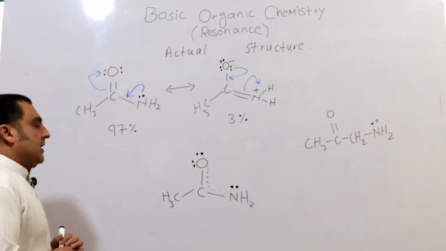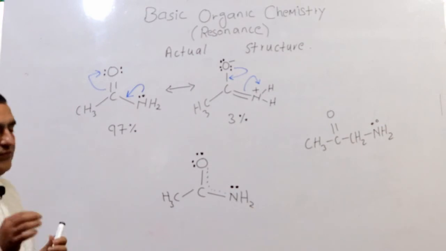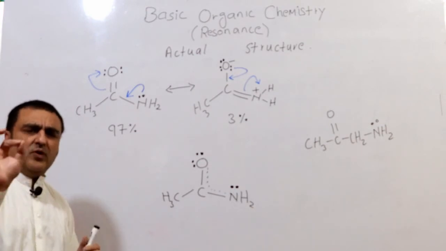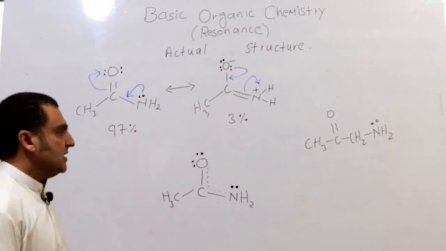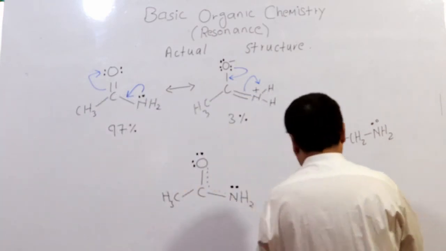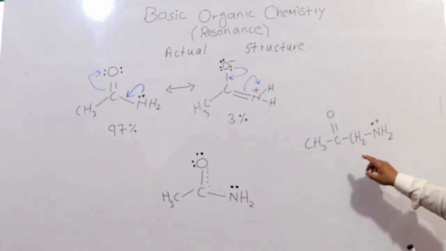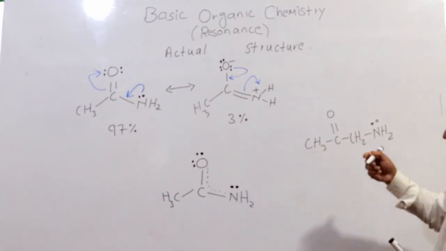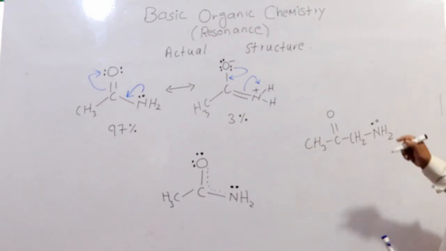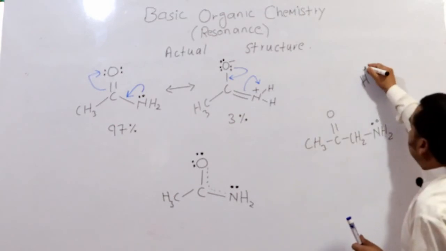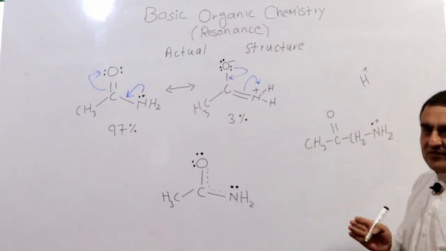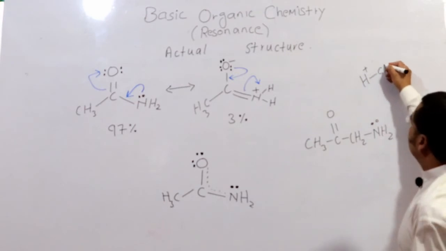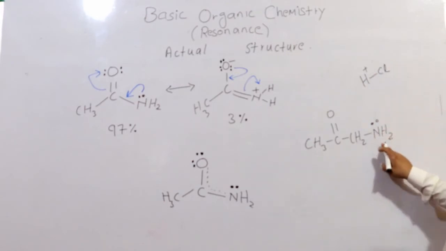Now suppose you put one molecule of an acid, let's suppose HCl, or we should not write this, because it doesn't exist by itself; it must have some chlorine or something present on it. So what will happen?